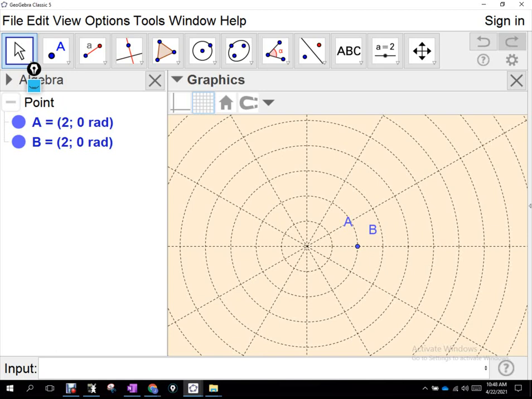It's infinite because I can start at A, travel 360 degrees again, and get back to A, right? Coupled with the idea of being able to maybe start with a negative R value, that gives me even more than infinite. I guess we get 2 times infinity in regards to the number of different ways that we can express an ordered pair in polar coordinates, okay?